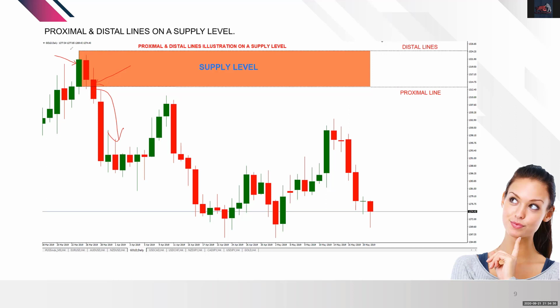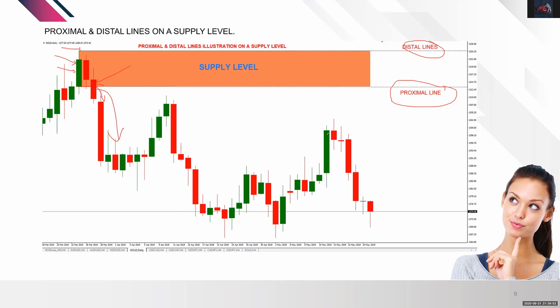So we've got the highest high that is going to define our distal line, and then the price point where price breaks to the downside of the last up candle, that's where your proximal line is drawn. I hope you have understood this.